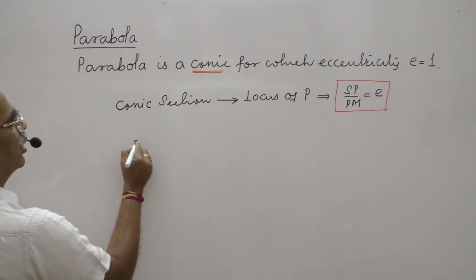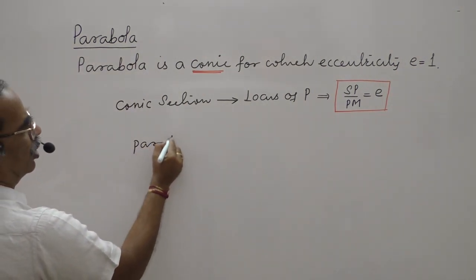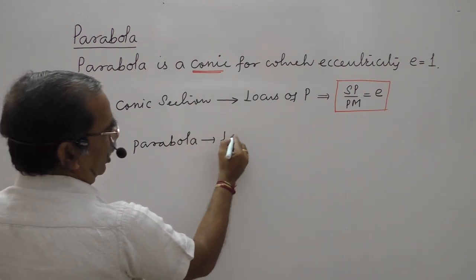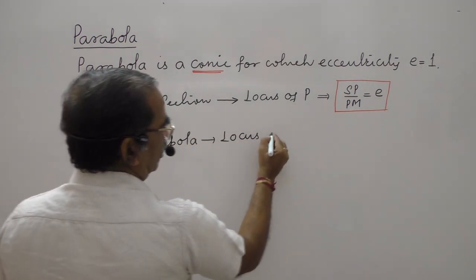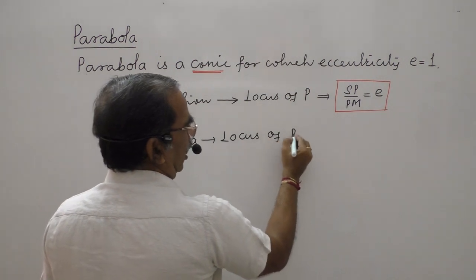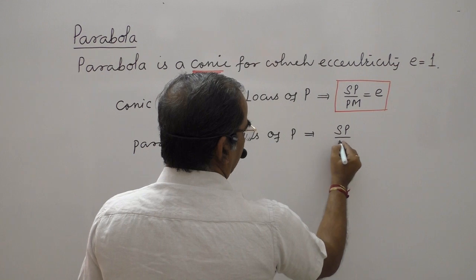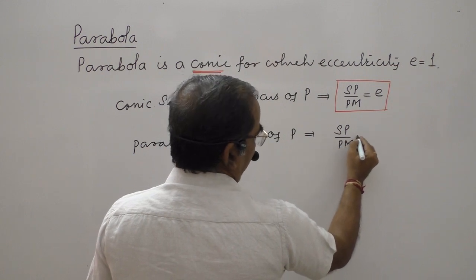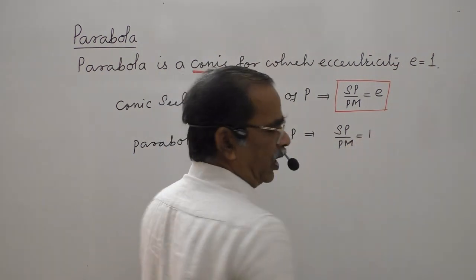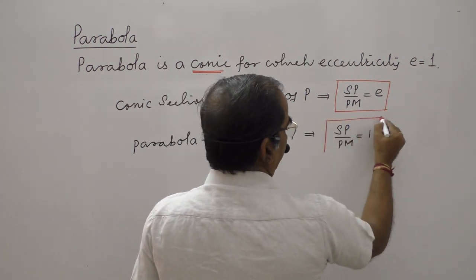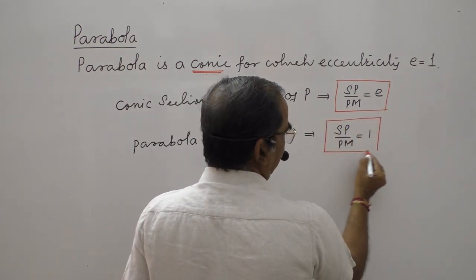Therefore, I can say, what is a parabola now? It is also a locus. Parabola is a locus of a point capital P satisfying the condition SP by PM is equal to 1. Therefore, for parabola, the condition is SP by PM equal to 1.